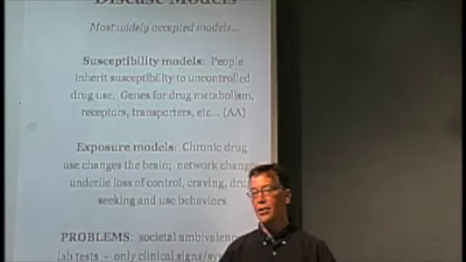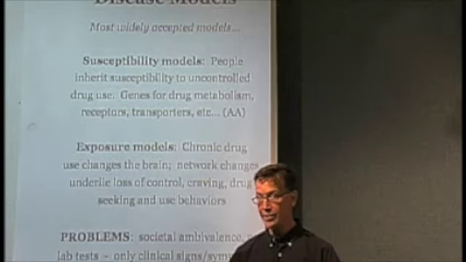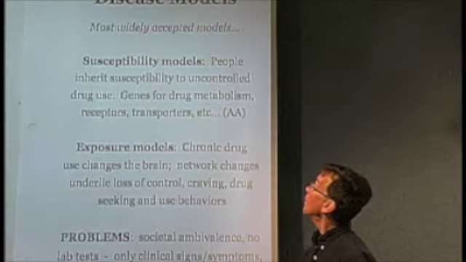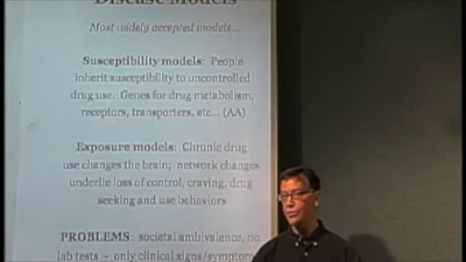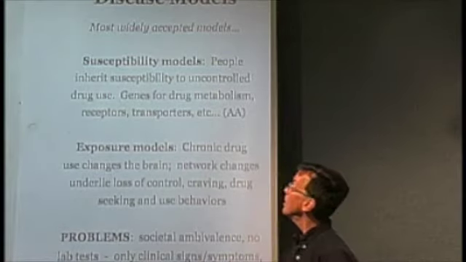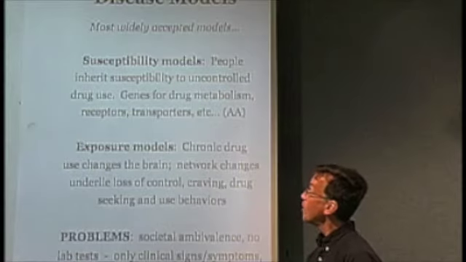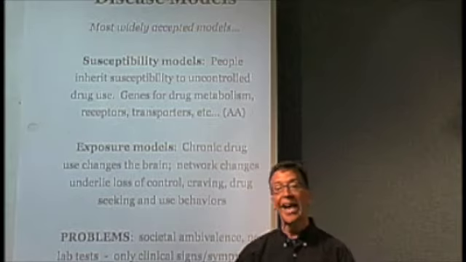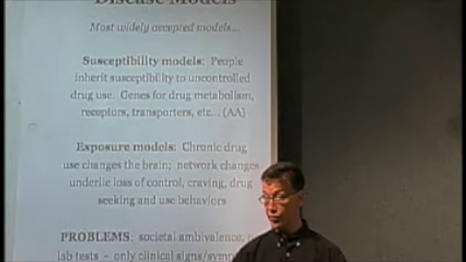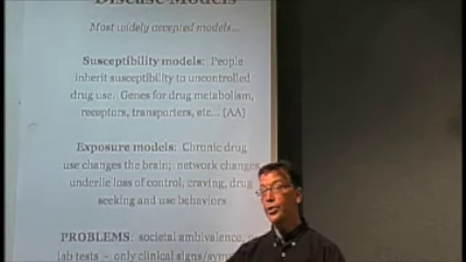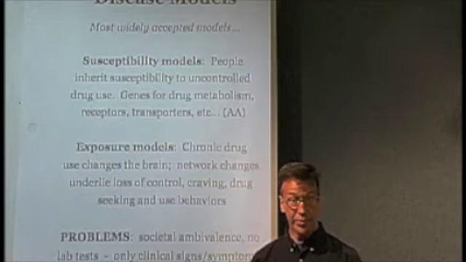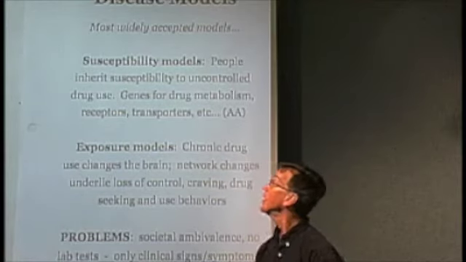Okay, some of the more popular models that are applied today are what we call the disease models. These are the most widely accepted models, and your textbook goes into some detail on these. They include susceptibility models, the idea that people inherit particular genes, for example, that either predispose them to the liability for developing dependence on particular substances, or help to protect them.